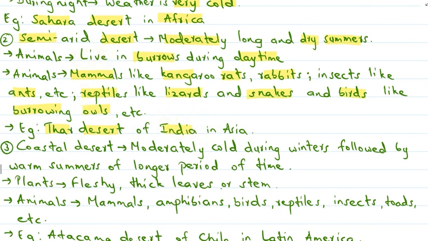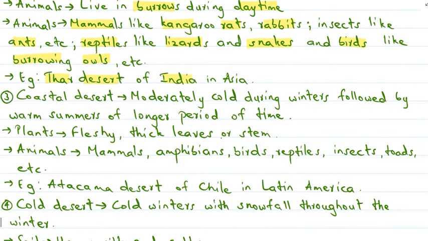Then we talked about the coastal desert. So what happens in coastal desert? Coastal deserts are the areas where there are moderately cold winters. Okay, so winters here are moderately cold, and this is followed by warm summers of longer period of time.